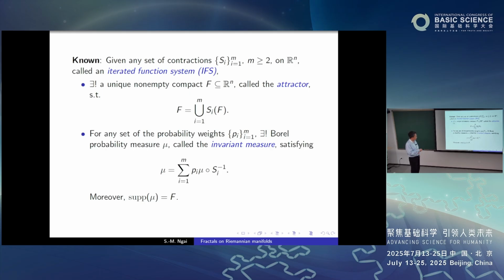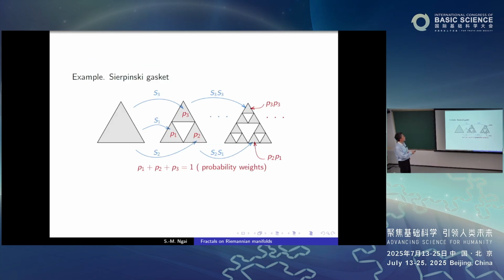I'm going to explain this identity in a moment by using the Sierpinski gasket. Again, if the contractions are similitudes, we call mu a self-similar measure. If the contractions are conformal mappings, then we call mu a self-conformal measure. Now, to generate the Sierpinski gasket, we can use an iterated function system.